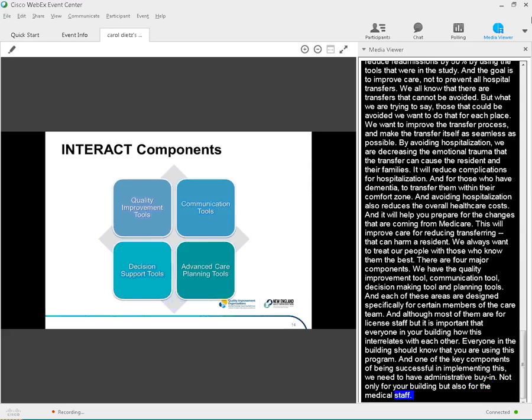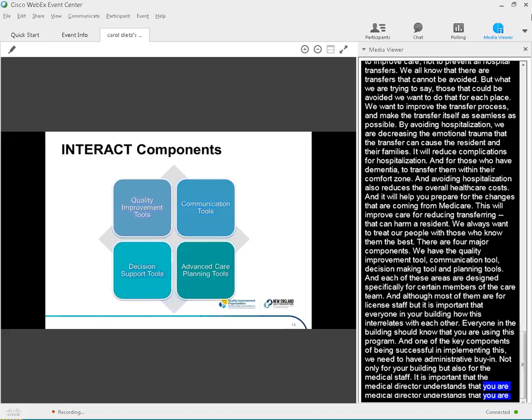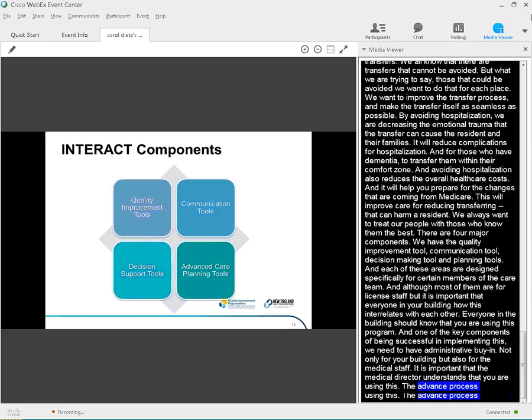It's important that your medical directors know that you're using this, your advanced practice nurses, and also your acute care settings that you're sending people to should know that you are participating and you're actively using the Interact program.